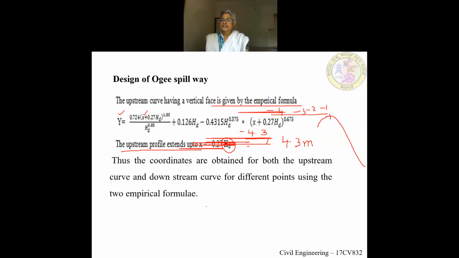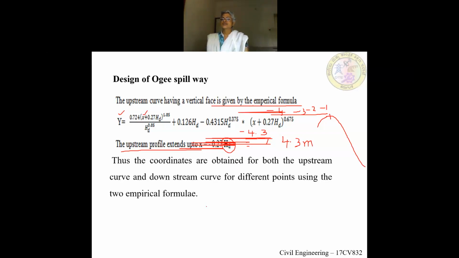So it is designed in such a way that the upstream face of the Ogee spillway matches the lower nappe of the free falling water over a sharp crested weir, because water flowing over a sharp crested weir will have a maximum discharge. So we have considered a sharp crested weir to design the Ogee spillway.